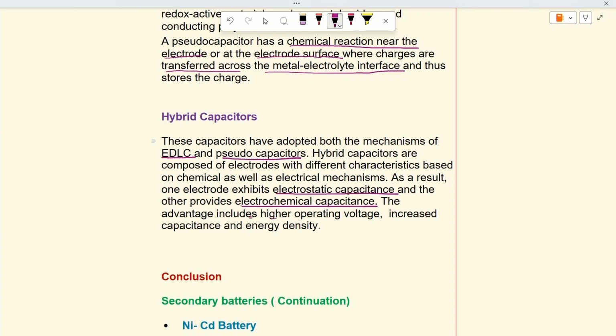So, these two electrodes, they have electrical double layer, but by two mechanisms. One is the true capacitor mechanism, the other one is the pseudo capacitor mechanism, where there is an electrochemical reaction taking place, and here just polarization and the double layer is created. Now, anyway the double layer is created, the energy is stored and you can tap this energy whenever it is required. And one more important advantage is that such types of capacitors have higher operating voltage, increased capacitance, capacitance is very high and a very large energy density.